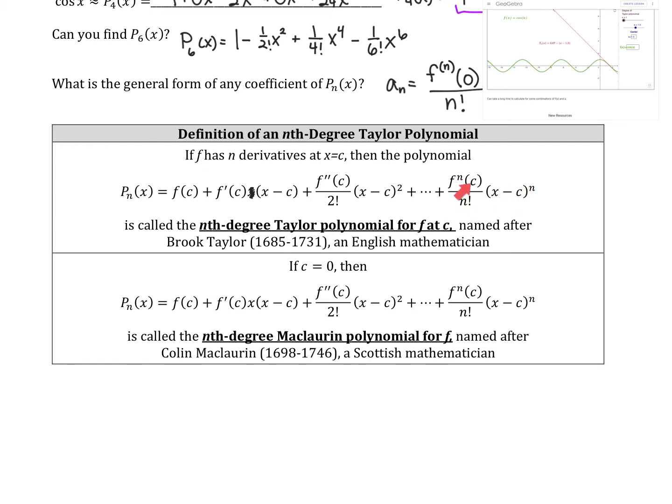Now this number c is what we call our center. So let's highlight that and just make note of that. So this x equals c right here, all of these c's that are in here represent our center. So c equals the center, meaning that's where we're starting to build our polynomial from.